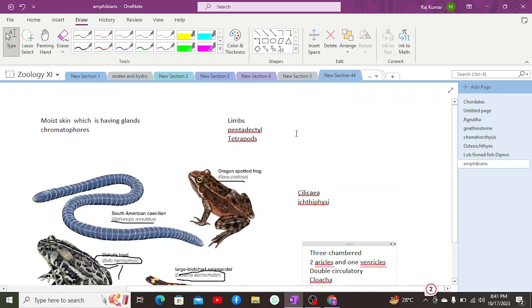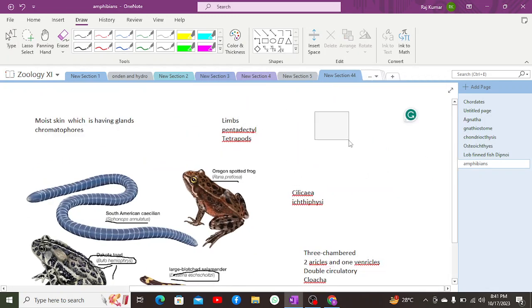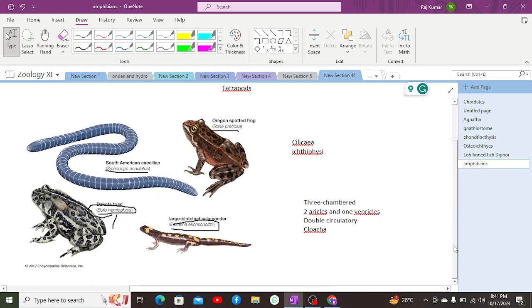When it comes to their excretion, the excretion is done through kidneys, but of course these are different from the ones found in humans or mammals.